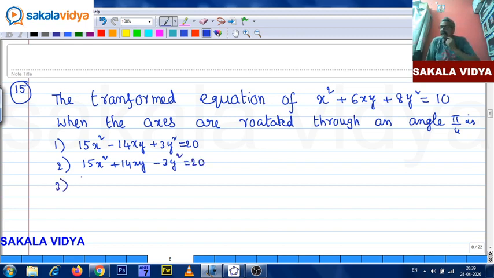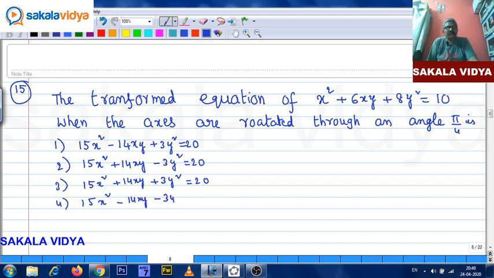Third option, 15x square plus 14xy plus 3y square equal to 20. Fourth option, 15x square minus 14xy minus 3y square is equal to 20.